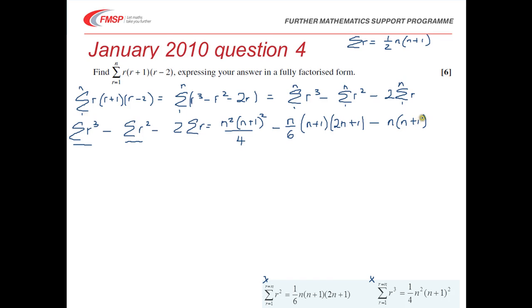So we have that now, and we have to simplify this expression on the right hand side. So we look for common factors. Not only do we look for common factors in terms of n and n plus 1, but we want to try and take out the fractions. We have a quarter and a sixth, so the easiest thing to do is to take out a 12th.